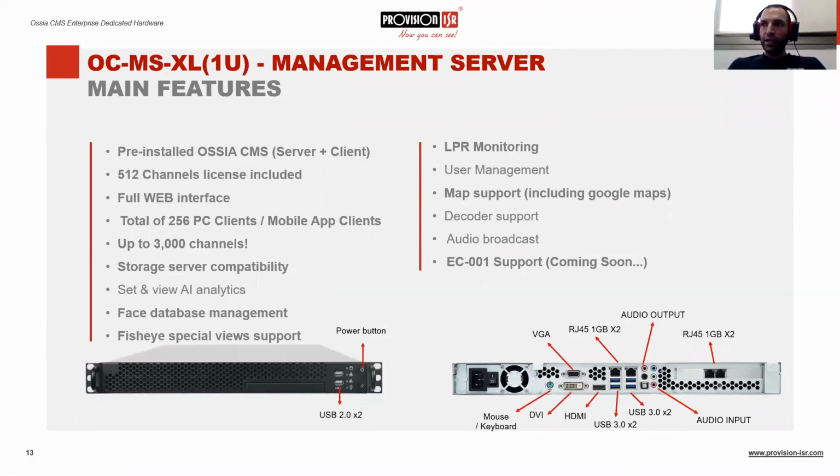It's the only one that has such high performance, and it supports up to 256 PC clients and has a full web interface for management, configuration, and also for viewing. This is the only one that supports this feature. It supports LPR, face database management, and fisheye support as well.